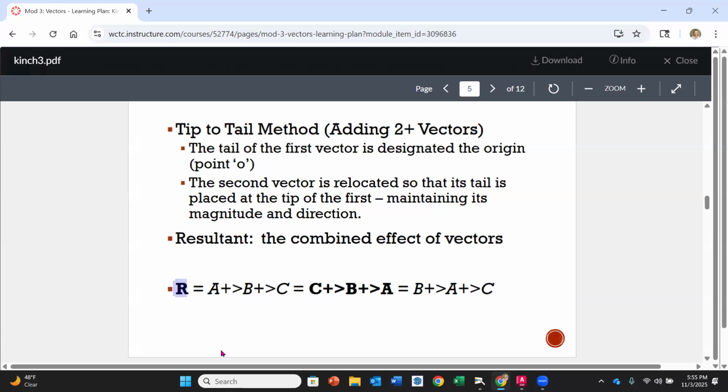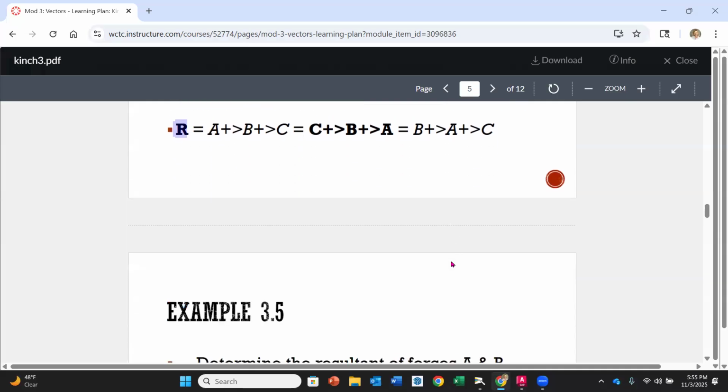So whether I added A plus B plus C vectorially, I'm going to get the same answer for my resultant if I do it C plus B plus A or B plus A plus C. So if you're comparing your results to somebody and you notice you didn't do it in the same order, just look at the final result and see, did your resultant come out to the same number? As long as it did, neither one of those is better than the other in order. Does that make sense to everybody? Okay. All right. So vector addition.